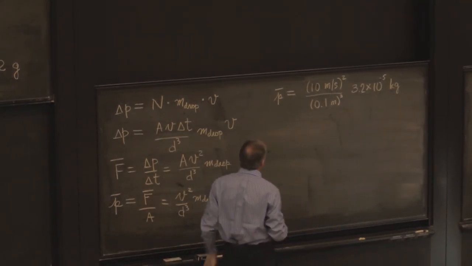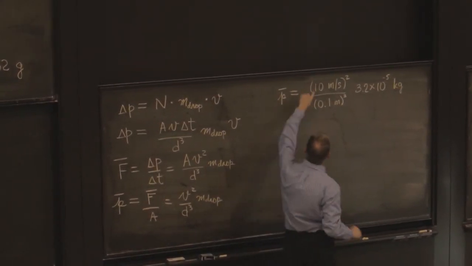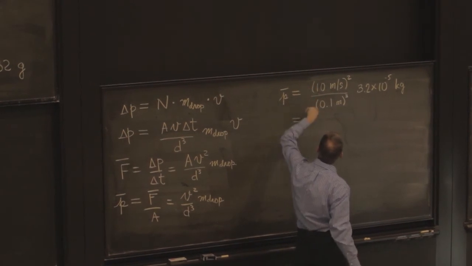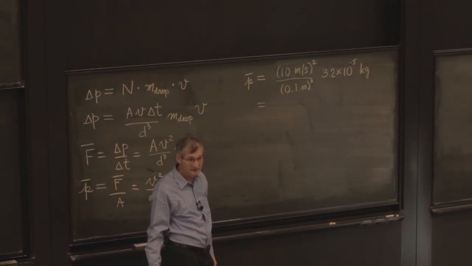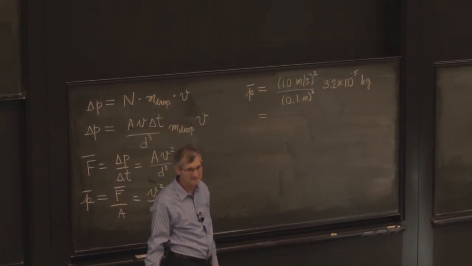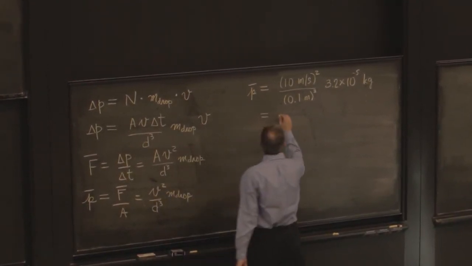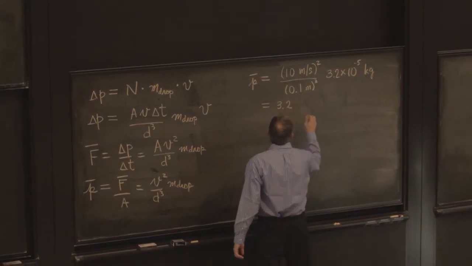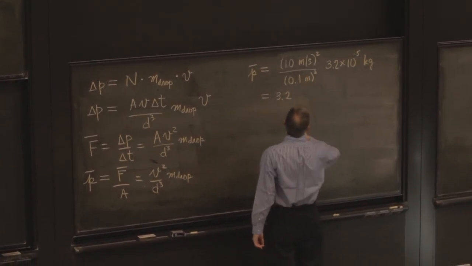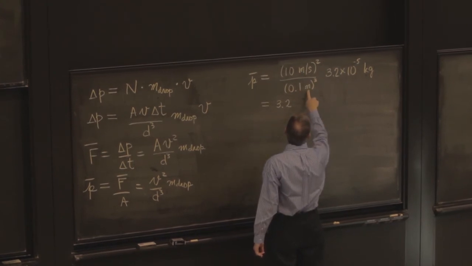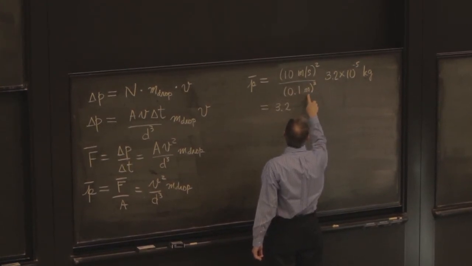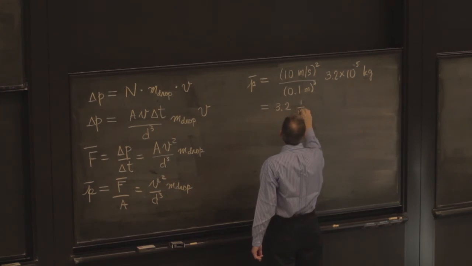Okay, so that's 100, that's 10 to the 5. Oh, isn't that convenient? So isn't this 3.2? And then I need to work the units, so I have meters squared over meters cubed, so that's 1 over meters.